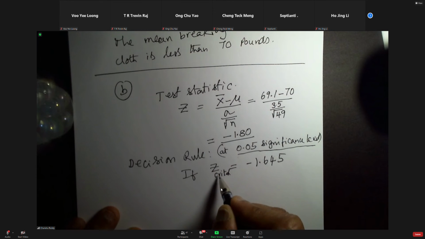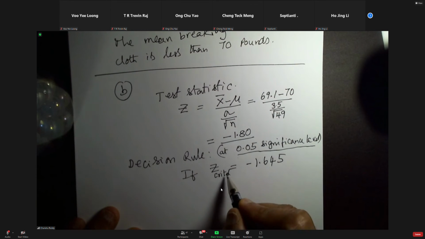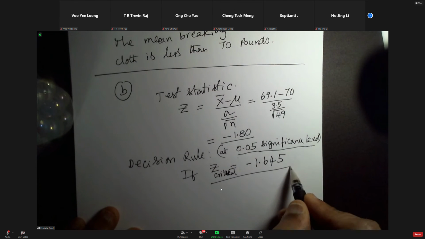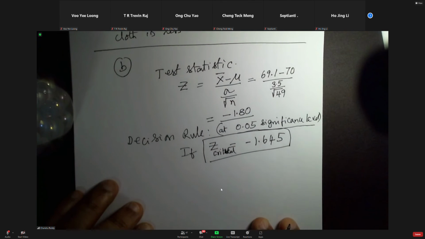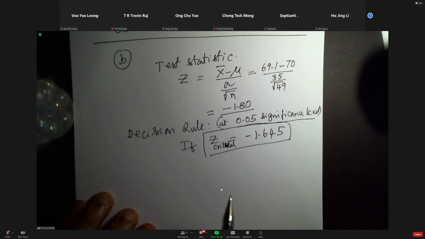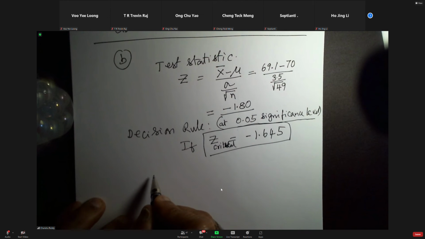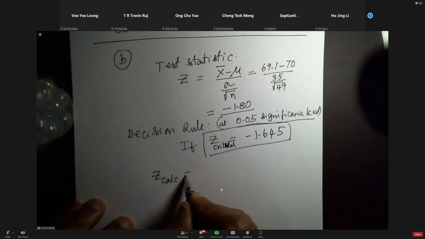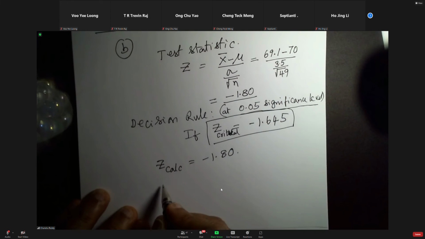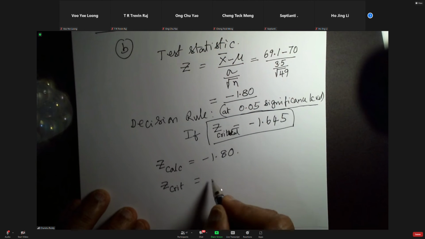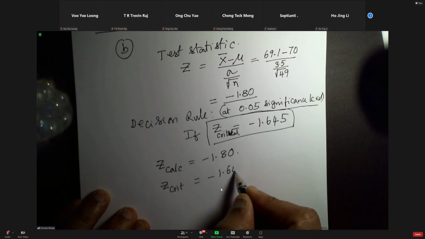Okay, so you can say Z critical is negative 1.645 at 0.05 significance level. Now the Z calculated is negative 1.80. So the Z critical is negative 1.645.